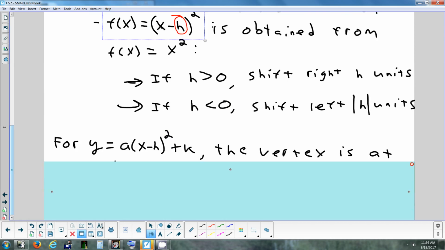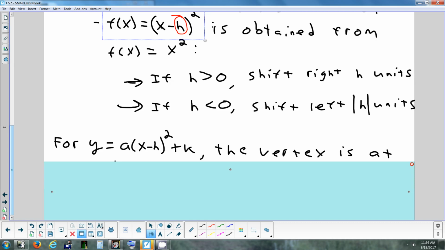Where's the vertex of a parabola if you don't shift it at all? Just the basic y equals x squared. Where would the vertex be? How about Brandon? Think about when you sketch it, where y equals x squared has a low point. Might be 0, 0. Yeah, it's at the origin, 0, 0.